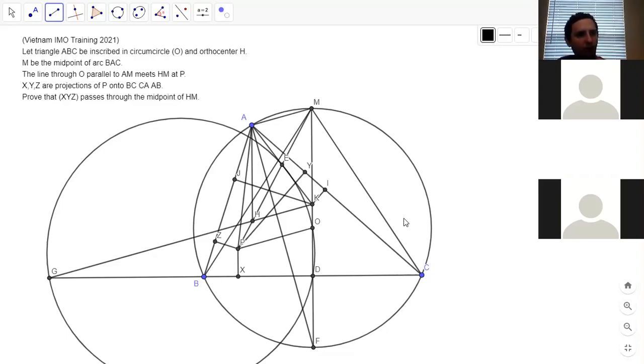I forgot what it was. But maybe we could use projective geometry, because that's the same as saying XG, XZ, XP, XY is harmonic.